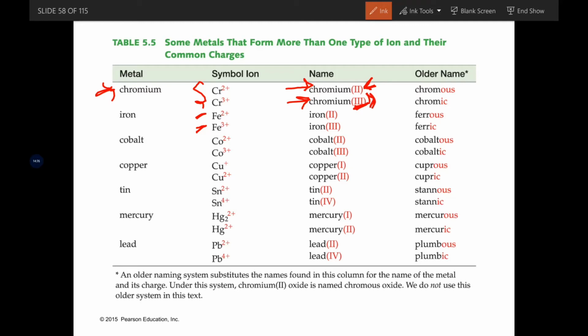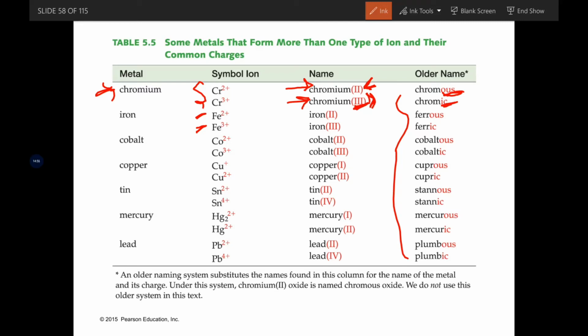We also have to learn the older names, the older convention. There's a list of the names right here on the right side of the table that tells you the older names for these metals. Just a quick note here for the older names: usually the lower the charge, the ending is -ous, and the higher the charge, the ending is -ic.